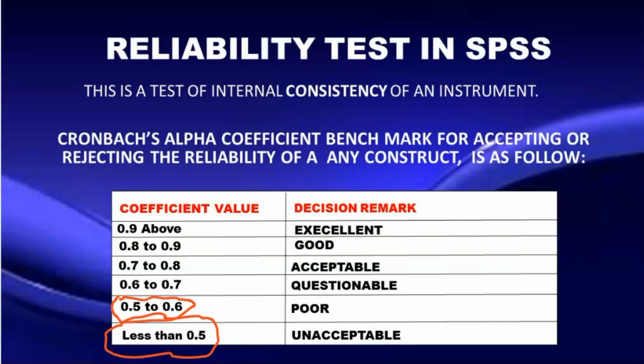And if you came up with a value that ranges between 0.6 to 0.7, it is a questionable coefficient. And if you calculate your reliability and you come up with a value that ranges between 0.7 to 0.8, it is an acceptable coefficient. And that is not yet the best.